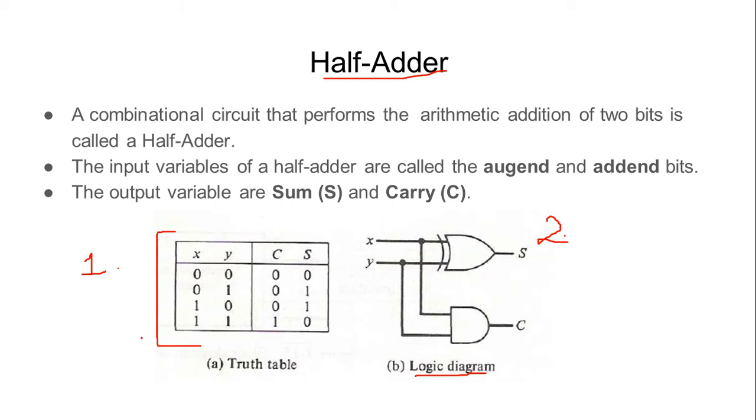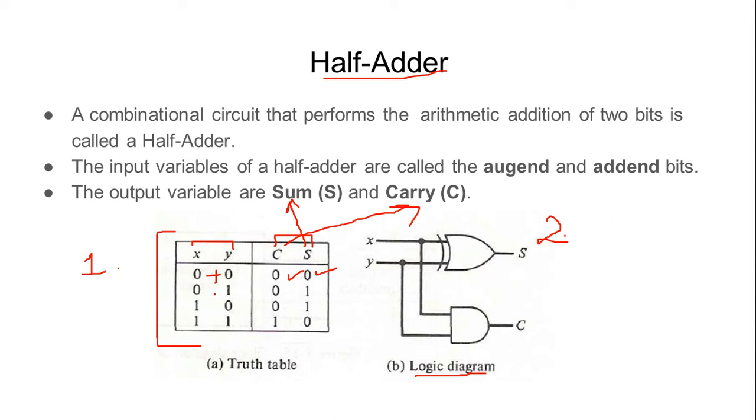So let's understand how the truth table works in the case of a half adder. x and y are the two input variables, and C and S are the two output variables. C stands for the carry and S for the sum. Whenever 0 is added to 0, 0 will be the sum and 0 will be the carry.